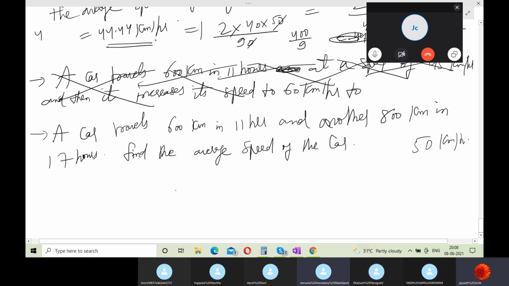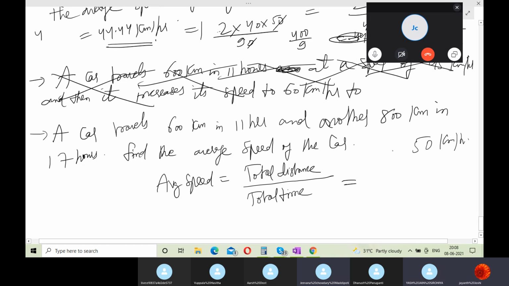See, it is very simple. Average speed formula is total distance by total time. So what is your total distance? 800 plus 600. Total time is 7 plus 17. So it is like 1400 by 28. 28 is double of 14, correct?